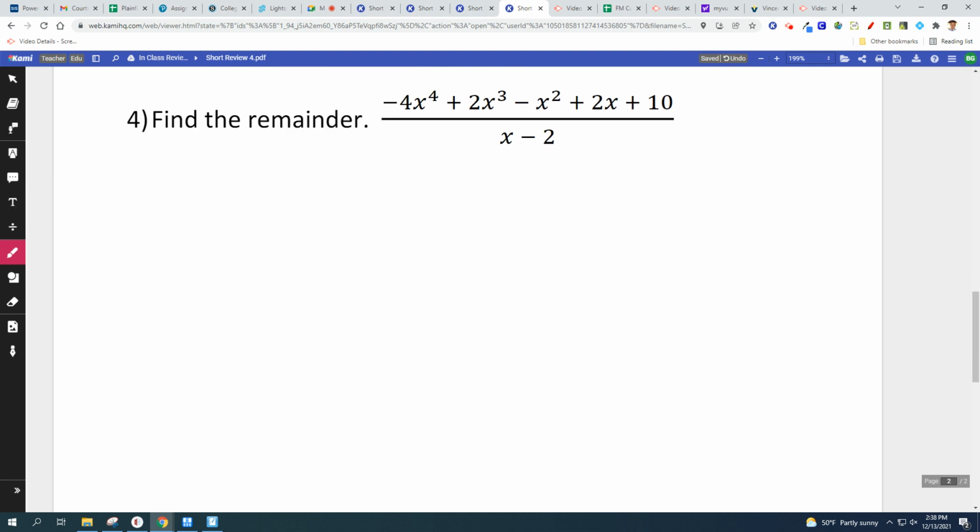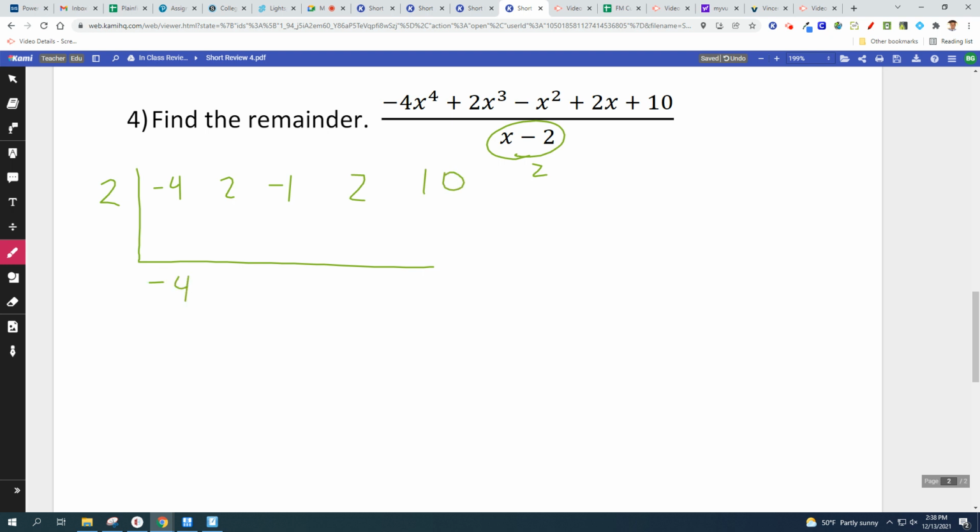Find the remainder. I'm a big fan of finding the zero. We're using that number 2, and we're going to do synthetic division here. So negative 4x to the 4th, 2x to the 3rd, negative 1x squared, 2x, and 10.